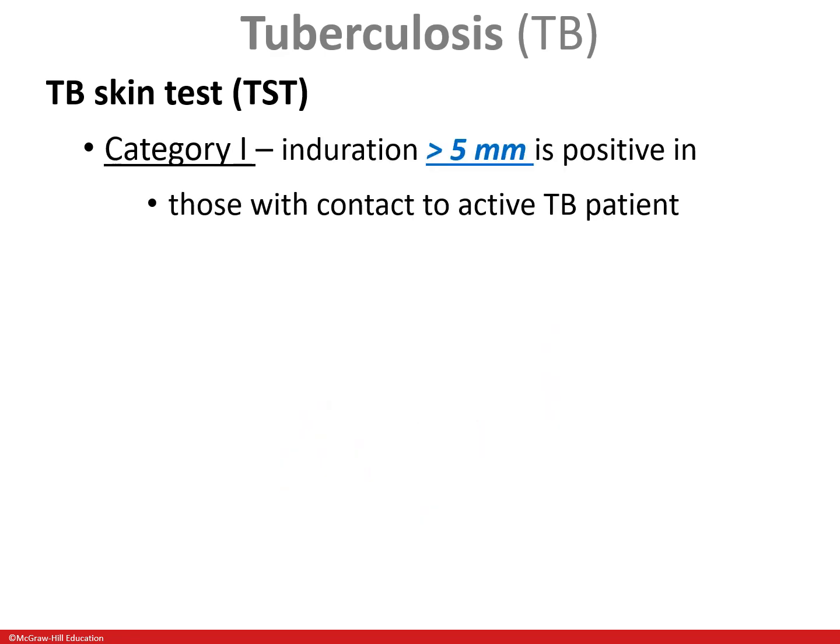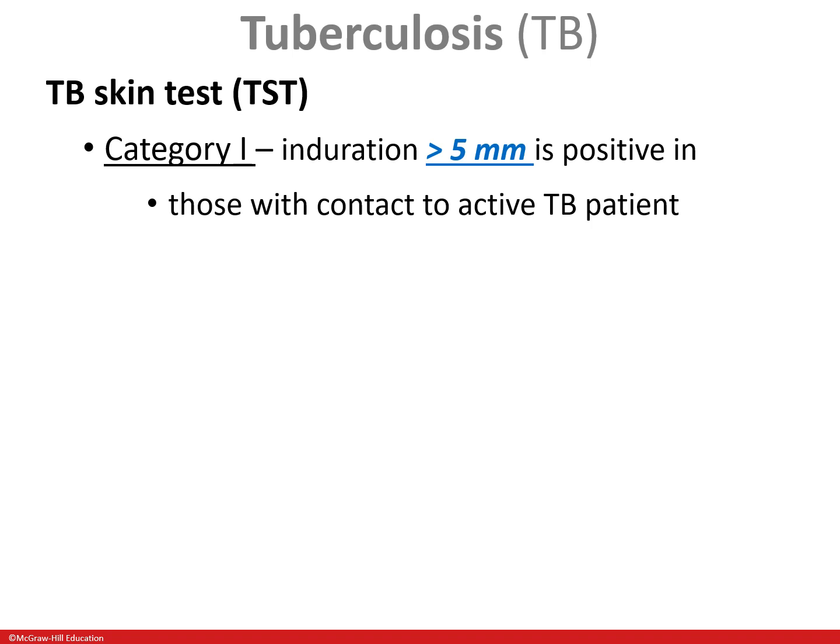And so the categories are designed to take into account the effectiveness of your immune system. The problem is that the response requires that you have a healthy, robust immune response, and it's detecting your previous exposure. So if you're in category 1, anything over a 5 millimeter induration is considered positive.